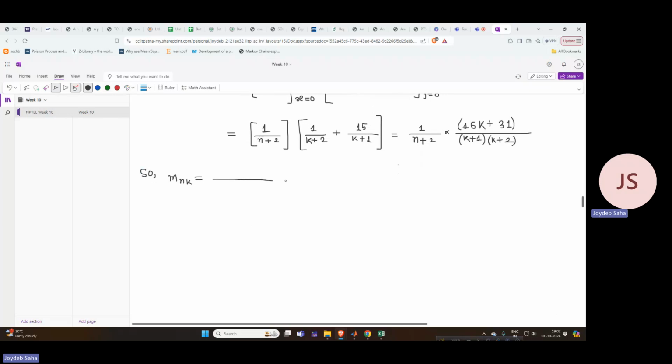Right, so we can write it as 16k plus 31 divided by n plus 2 into k plus 1 into k plus 2.